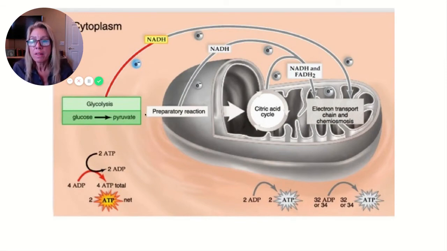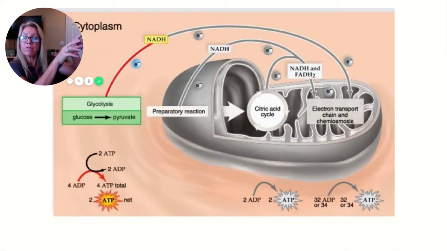Now, in the process of glycolysis, you actually make 2 reduced NAD. If we had oxygen, we would take this reduced NAD to the electron transport chain, and the NAD would drop off the electrons there and get oxidized so it could be reused again in these steps.